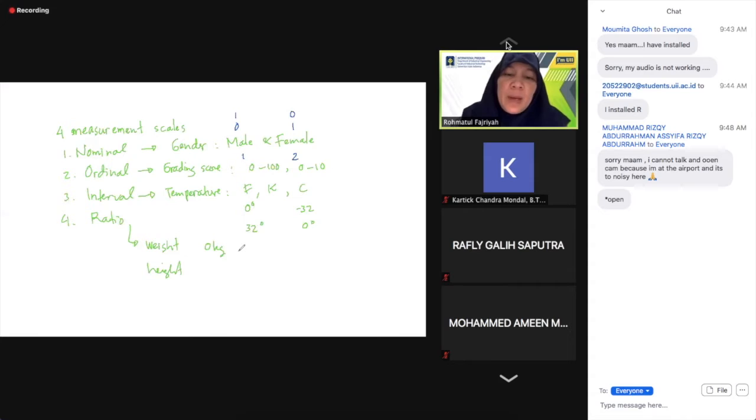But if I say 0 in temperature, it still has a temperature, and the value is 0. So it is a non-absolute zero, but for the ratio, there is an absolute value of 0. If, for example, I have a height of 0 centimeters, it means I don't have height at all.